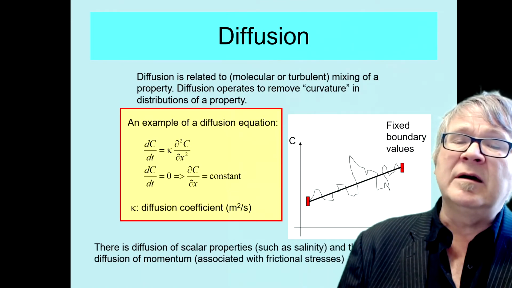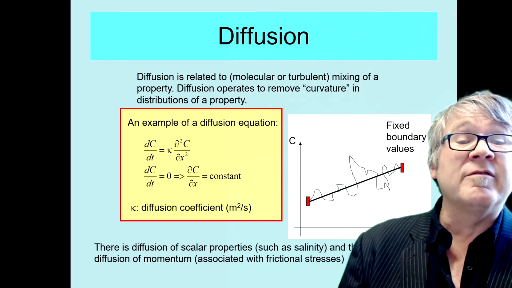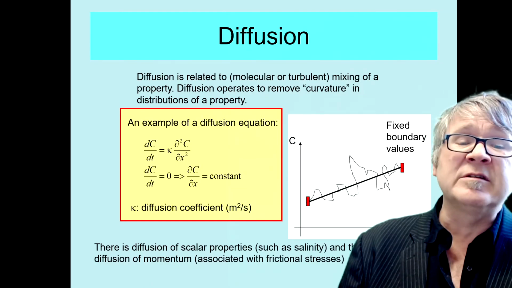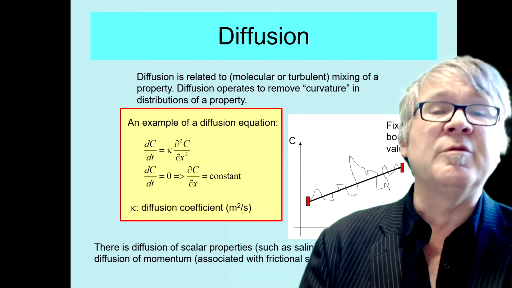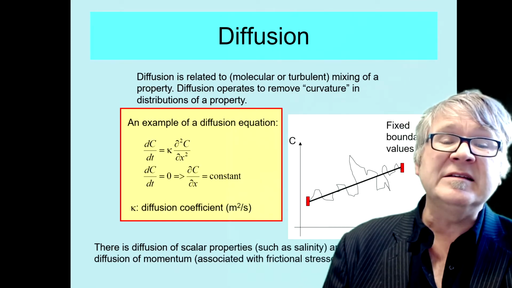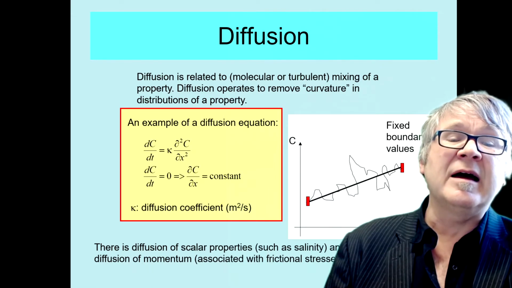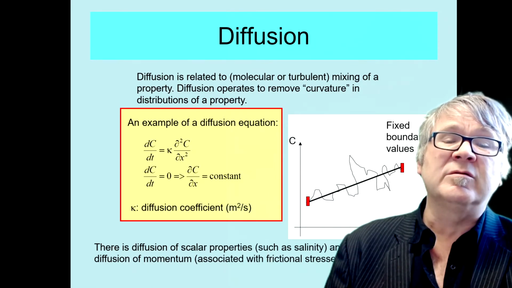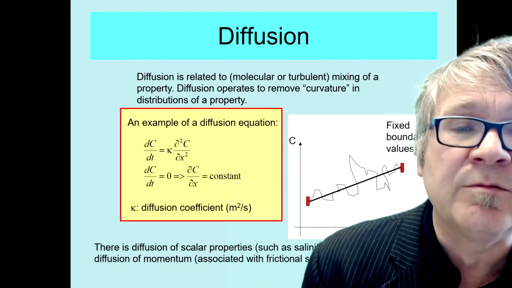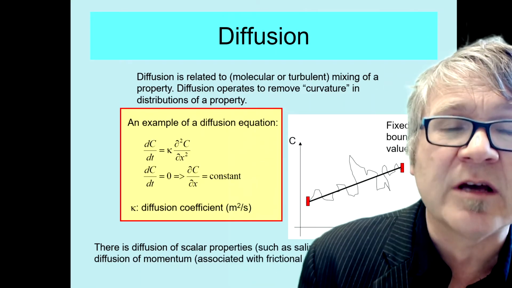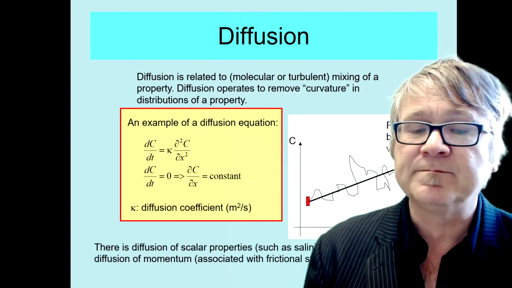The red bars here refer to the boundary value, which always stays the same on this side and on that side. And then over time, the final distribution that you get is actually a line that connects them. And this is what diffusion does. It removes curvature in distributions of a property.